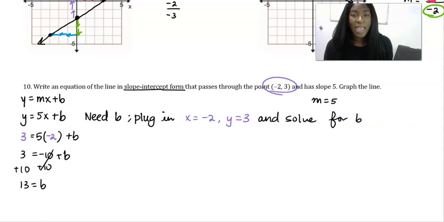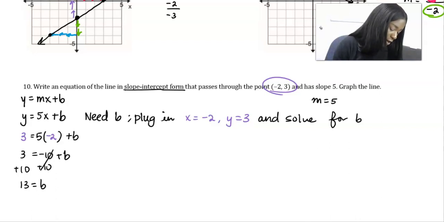So now that we know m, which was given to us in the problem, is 5, and we used the point that they gave us, the point that I circled in purple, to figure out what b is, I now know that the line in slope-intercept form is y is equal to 5x plus 13.